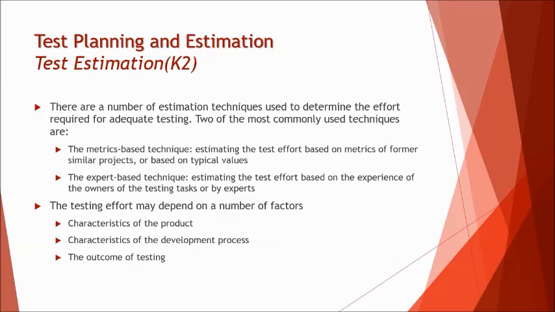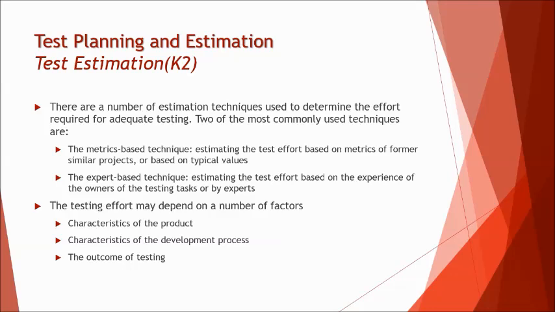Obviously the product characteristics, and the development process characteristics, because it is different for a traditional approach compared to the agile process. And the outcome of testing, that is, what you are going to finally validate when you are testing this product. So what is the scope of testing is what you measure. From the test estimation, we just have this information. We need to keep it limited, but they can expect a general understanding of what exactly test estimation is all about.